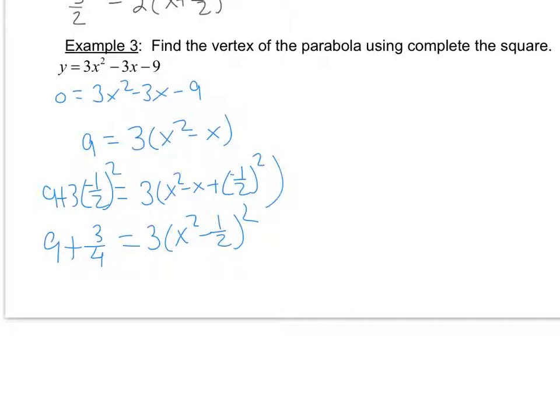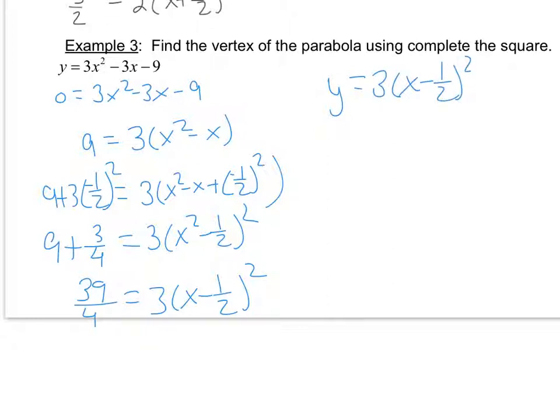So you get 39 over 4 equals this. Subtract it over, so you get y equals 3 times x minus 1/2 squared minus 39 over 4. So the vertex is 1/2, comma, 39 over 4.